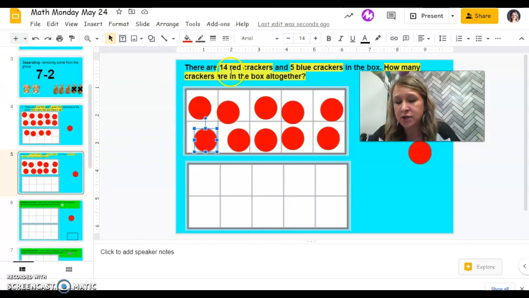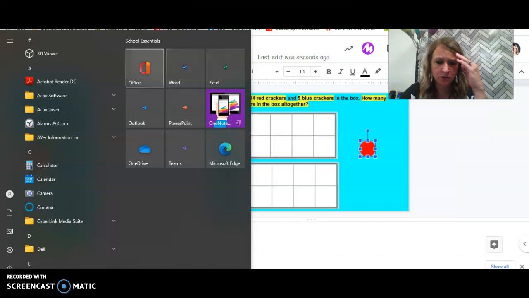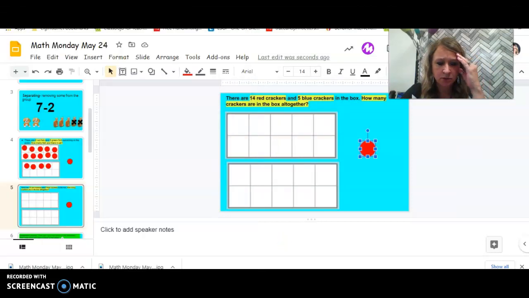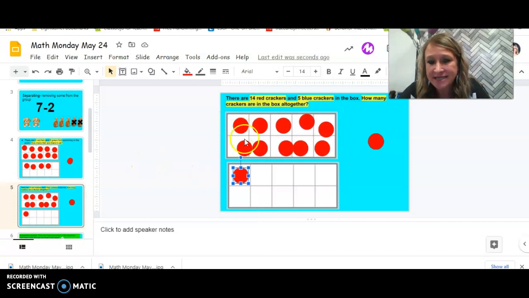So I need 14. So here's 10, 11, 12. Come back. So I have my 10 in the 10 frame, but I need 14.